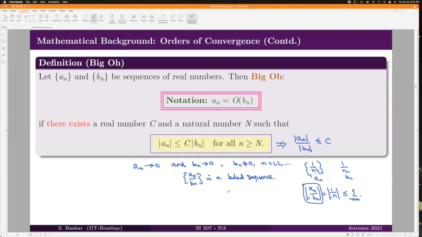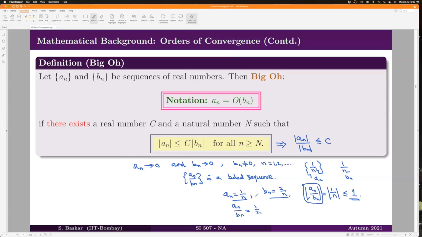Let's take another example. an is equal to 1 by n and bn is equal to 2 by n. In this case, an by bn is equal to 1 by 2, right? So in this case, both these sequences are going to 0 and they both go at equal speed.